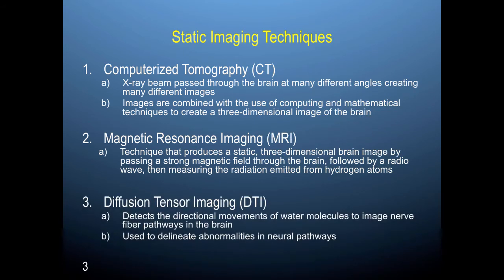And then the final static imaging technique is diffusion tensor imaging. And diffusion tensor imaging actually uses the MRI scanner. So one of the things that I was talking about with regards to an imaging technique that has lots of flexibility: computerized tomography, or CT scans, are really accurate for, again, a static image, but they don't have a whole lot of flexibility, whereas MRI scanners have a huge amount of flexibility in terms of the fact that they can assess structural, the sort of static brain image, they can assess functional, which I'll be talking about shortly, and they can assess this different form of functional known as diffusion tensor imaging.